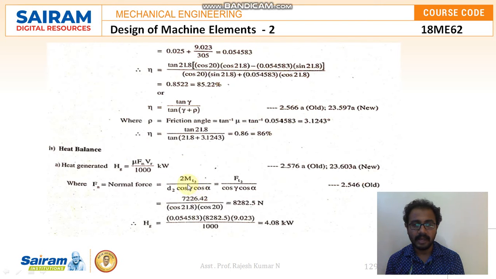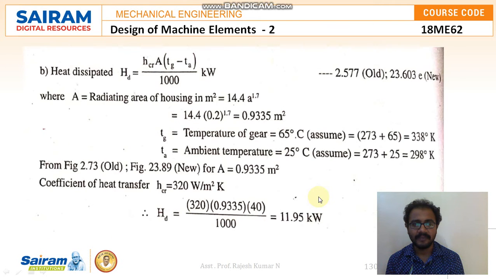So the formula will be 2 mt2 divided by d2 cos gamma into cos alpha. We can even write that as Ft2 divided by cos gamma into cos alpha. I am getting the Fn value as 82.5 Newton, and in turn the heat generated value as 4.08 kilowatts.